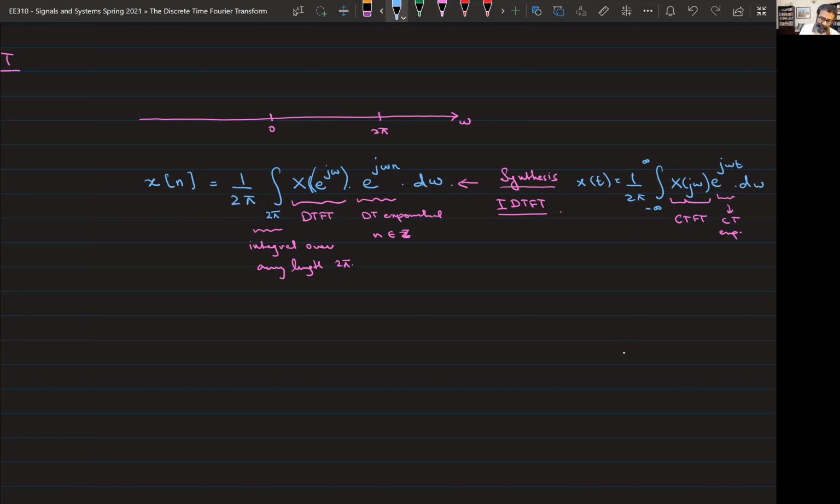Now the question is, what is the Fourier transform relation? So this was the inverse Fourier transform. What about this X of e raised to power j omega? This X of e raised to power j omega is given as the summation, and you have to take my word for it here, I'm not going to spend time on the derivation. It is the summation from minus infinity to plus infinity, x of n e raised to power minus j omega n, right? So this is called the discrete time Fourier transform.